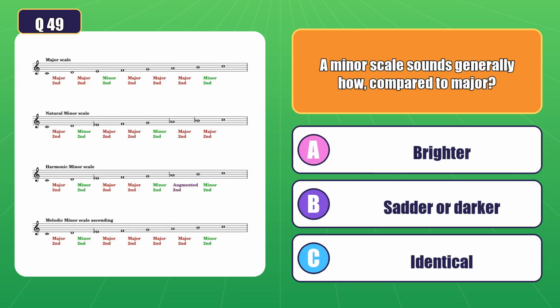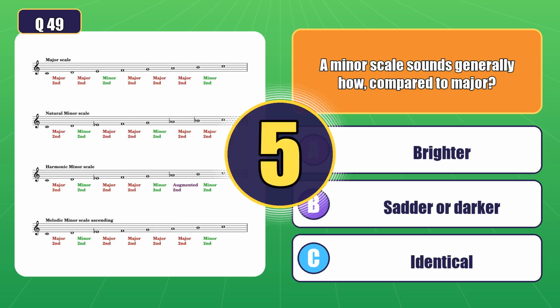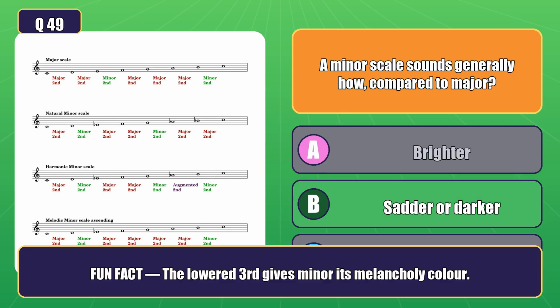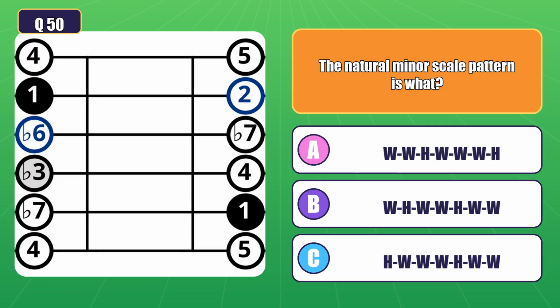Question number 49. A minor scale sounds generally how compared to major? The answer is sadder or darker. Fun fact, the lowered third gives minor its melancholy color. Question number 50.